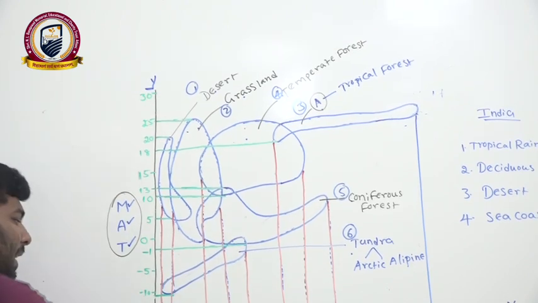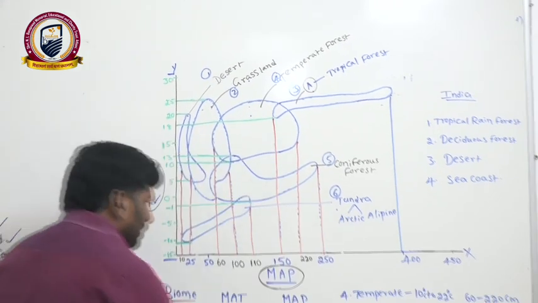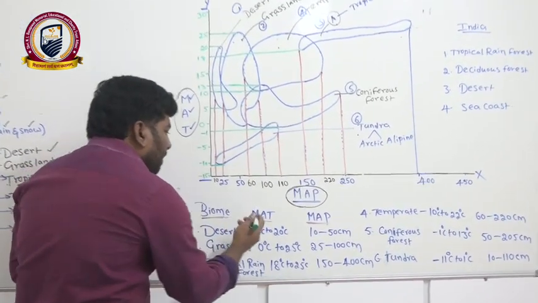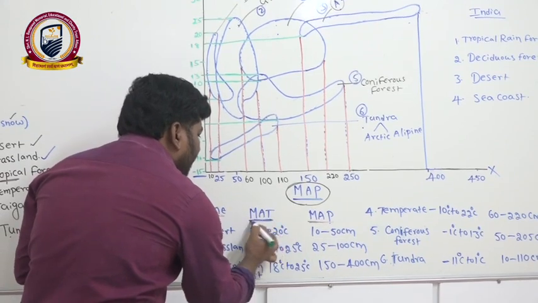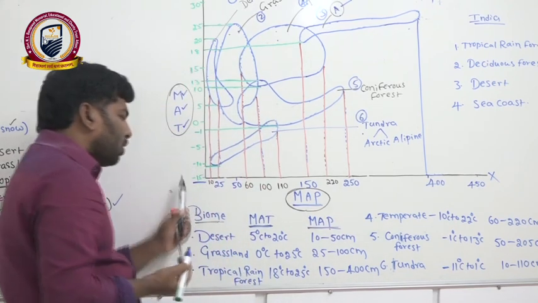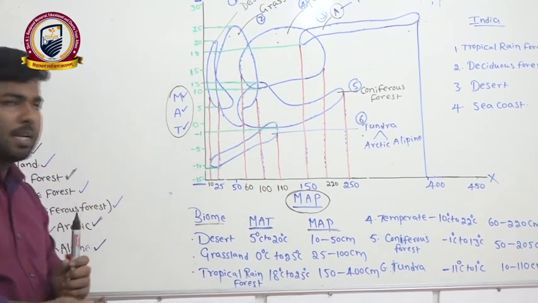Now we can see one table here, which lists the name of each biome along with its mean annual temperature and mean annual precipitation. We will explain one by one clearly.